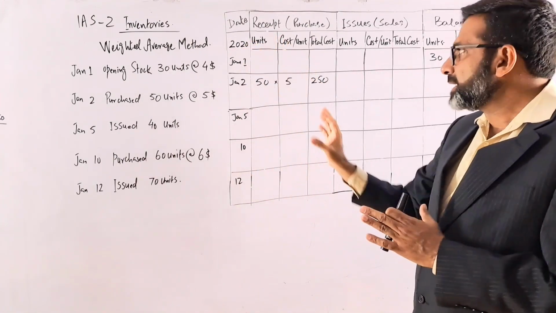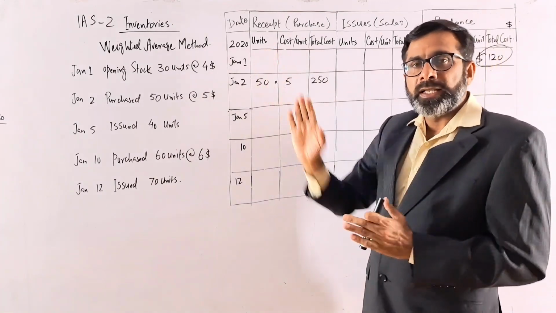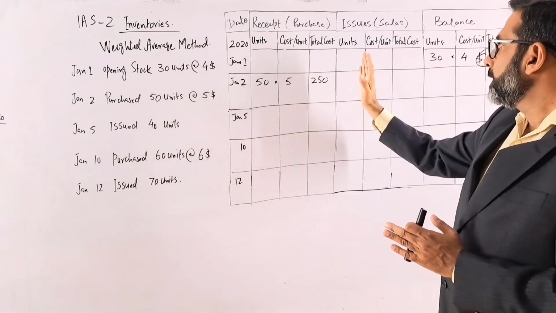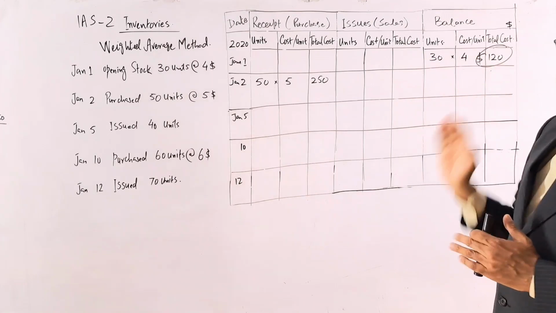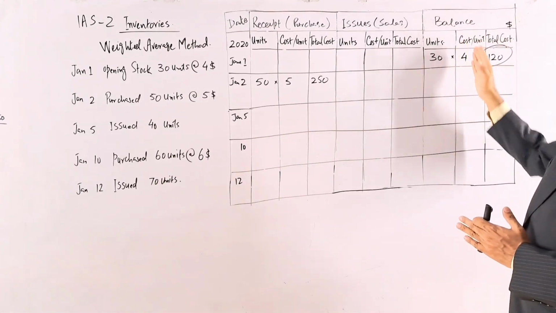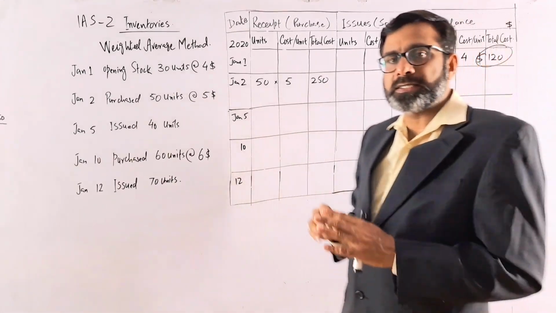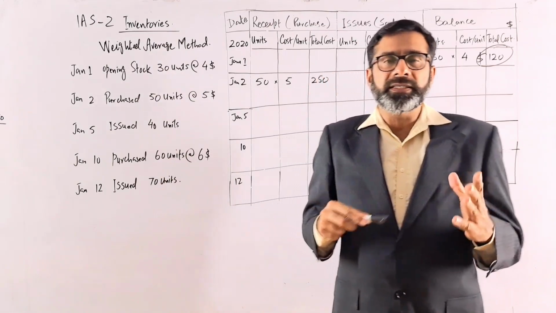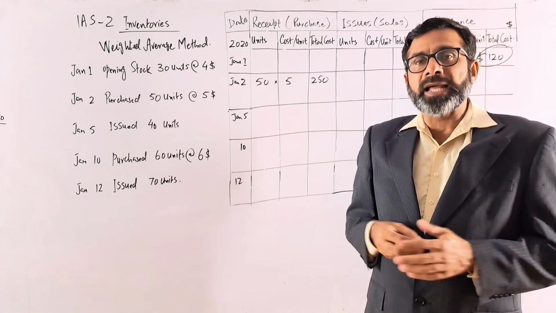In every section we have three columns: first for the number of units, the second for the cost per unit, and the third for the total cost. And again for the balance, units, cost per unit, and total cost. So the same format, the same transactions. The only difference is that instead of first in, first out, we are going to discuss the weighted average method.